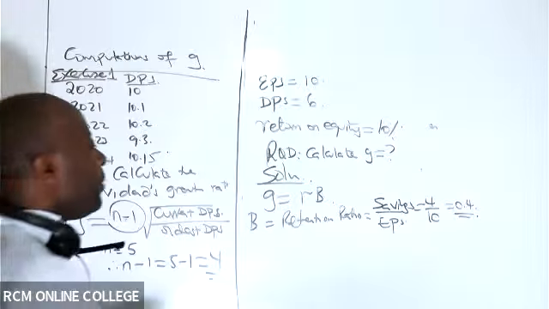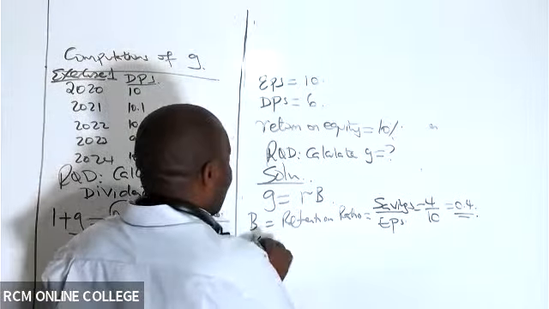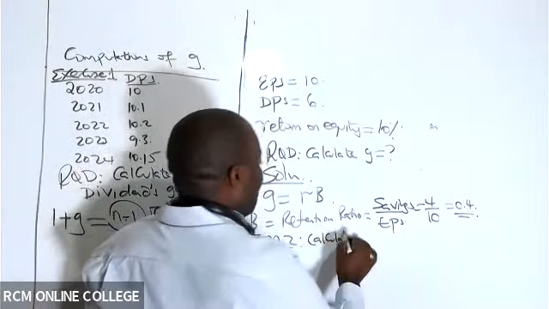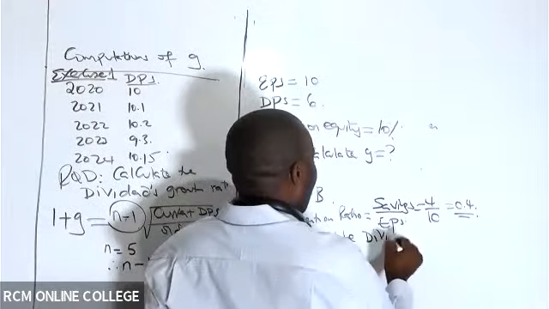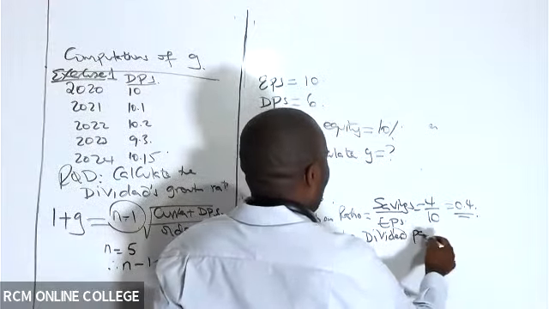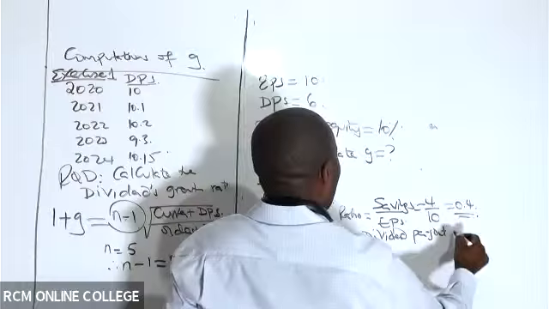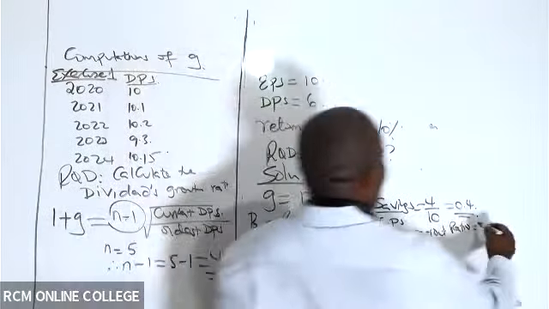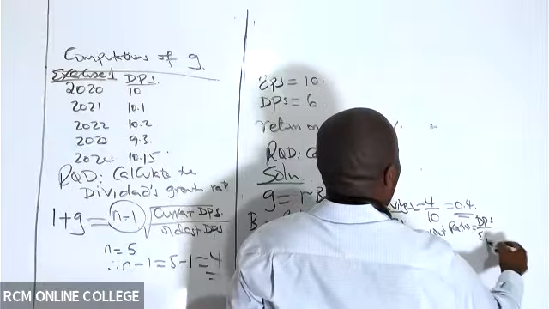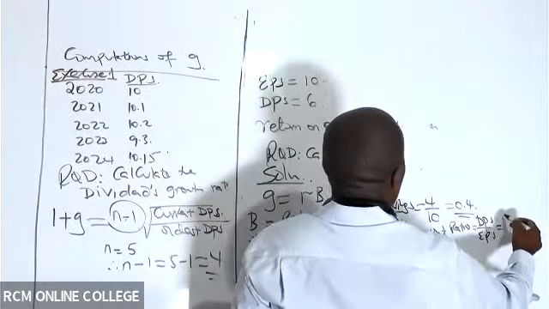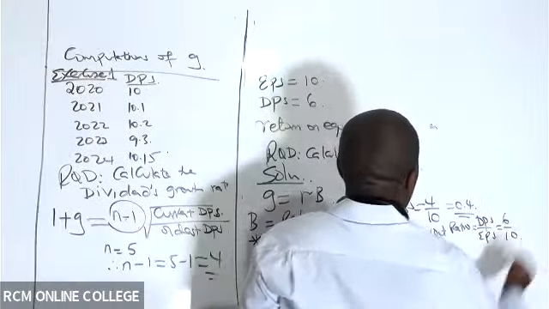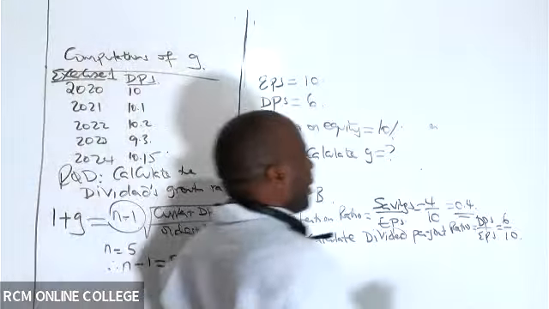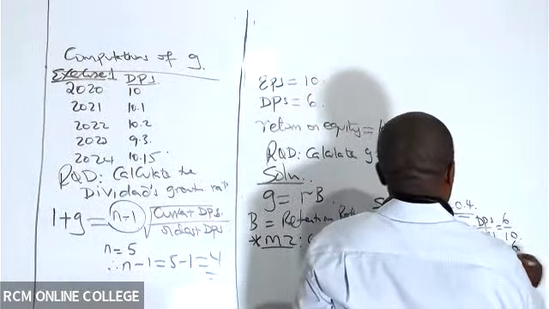Somebody may tell you method 2, that you first calculate the dividend payout ratio. How do we get the dividend payout ratio? We normally take DPS over EPS. The DPS here is 6 over EPS of 10, so 6 over 10 gives me 0.6.